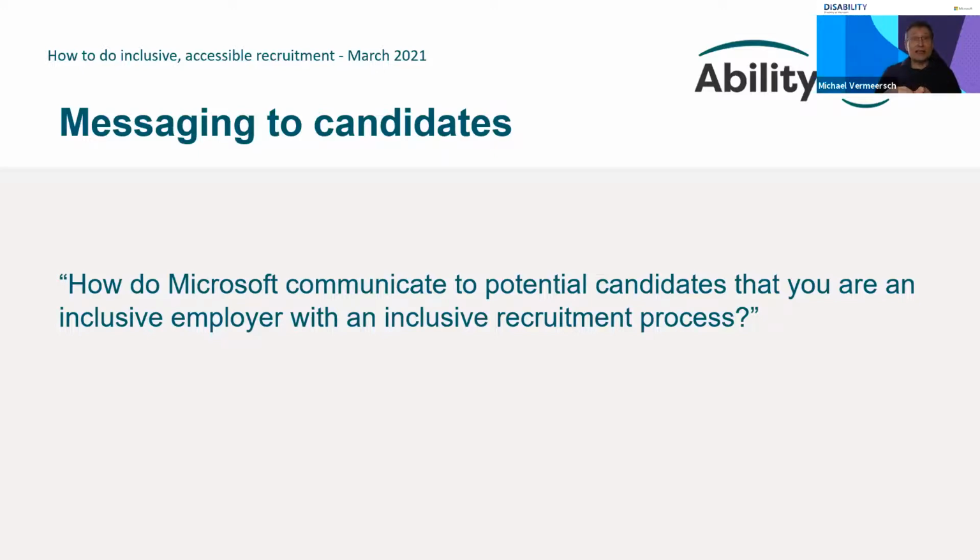So we engage with both disabled talent and employers who are on this roadmap, who are part of that great initiative. Every so often, the employee resource group for employees with disabilities also gets involved.